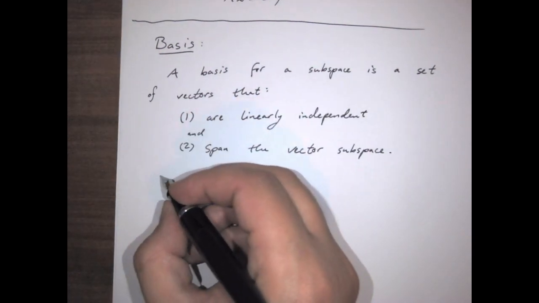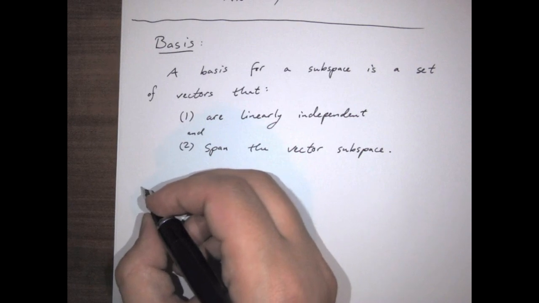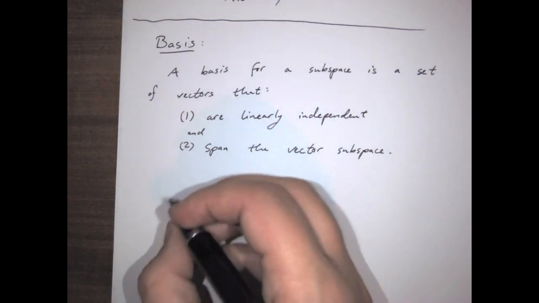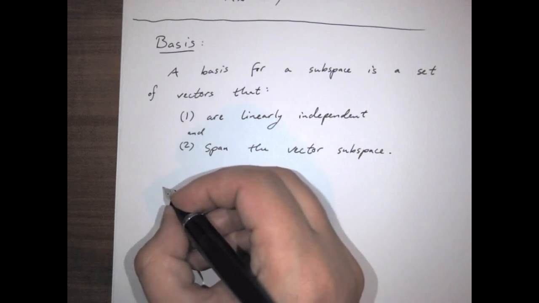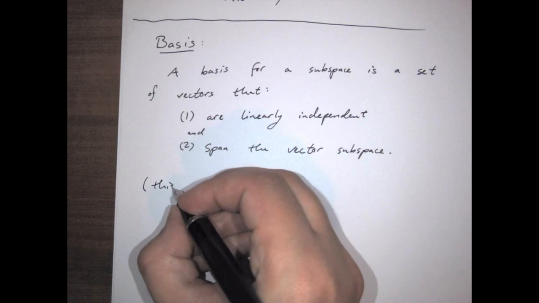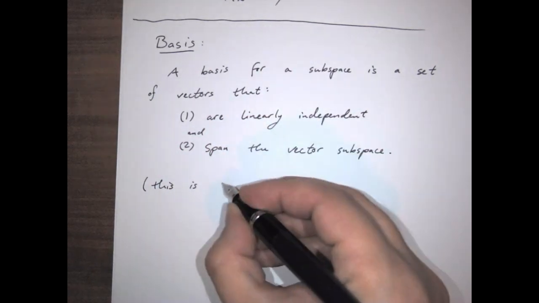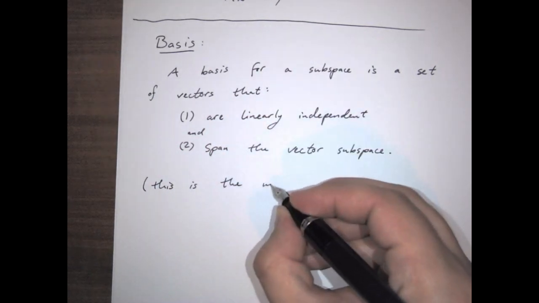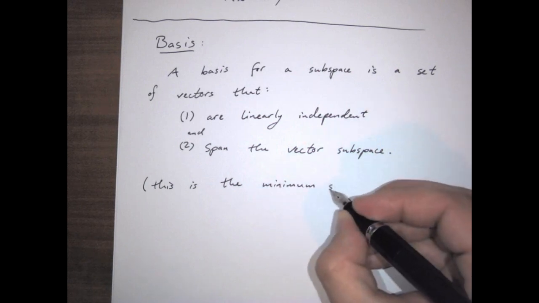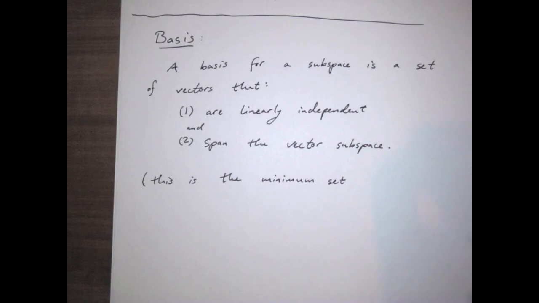So in other words, the basis elements can be thought of as the minimum set of ingredients from which you can generate the whole space. This is like the backbone of the space. This is the minimum set. It's like the Noah's Ark set.